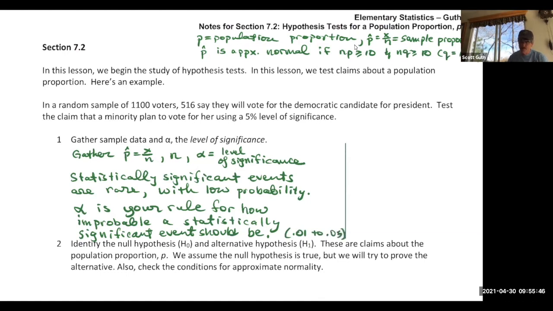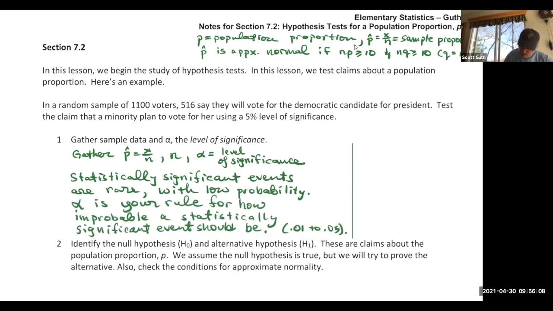If you do a 5% level of significance, you're just saying anything with a probability of 5% or less would be considered statistically significant. So basically you're making the rules of your game when you do this. You're saying, I'm going to believe my event is significant if its probability is less than whatever your level of significance is.